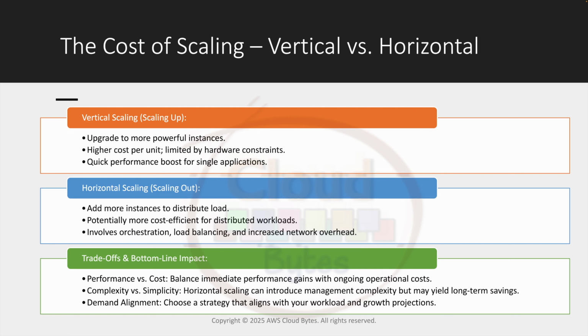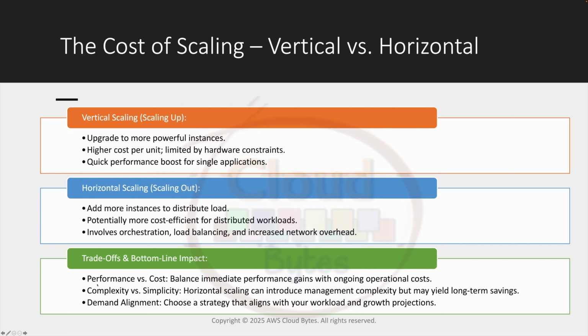The key trade-off between vertical and horizontal is balancing the performance improvements with cost efficiency. So choosing the right strategy means aligning scaling with your actual workload demand and long-term business growth. This slide helps you understand that each approach has its own financial implications. Making informed decisions is critical to maintain cost-effective operations.